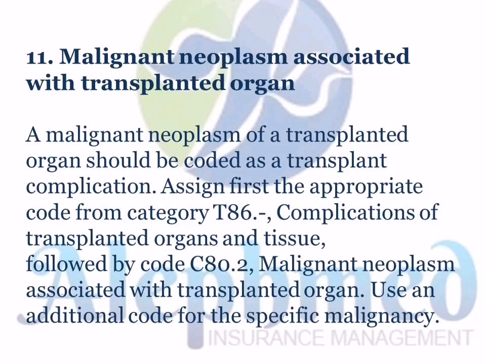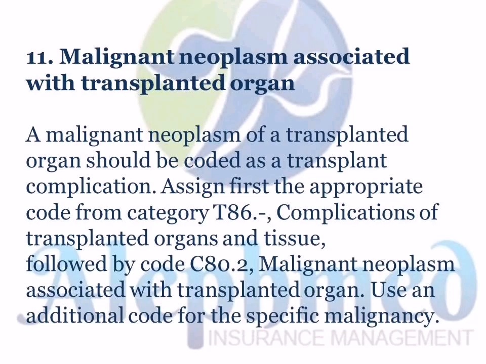If any complication arises, we have to assign the complication of the transplanted organ or tissue as a principal diagnosis, followed by the malignant neoplasm of kidney associated with transplanted organ, the C80 series of codes. This should be used as an additional code.